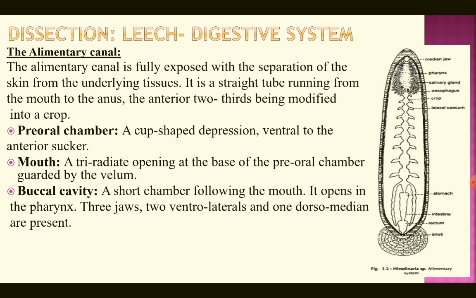Now the reason the crop in leech is so much branched is to store its food. As you know, they suck blood of the host, and once they find the host, the blood has to be stored in these crops for a longer time. The digestion process occurs very slowly because the chances of getting a host are very rare, and the host is not always available for the leeches.